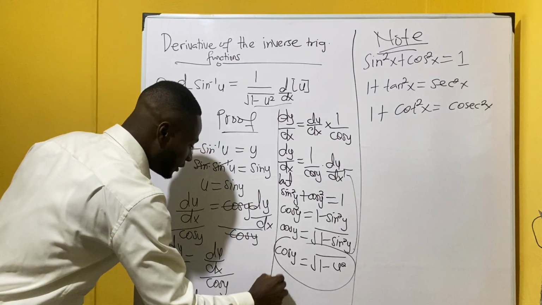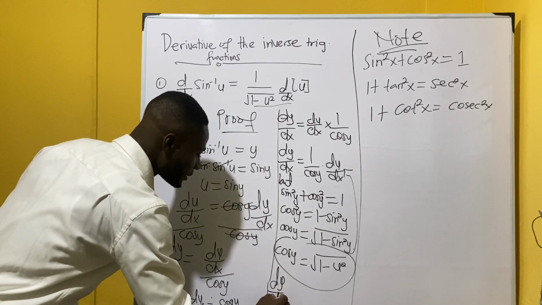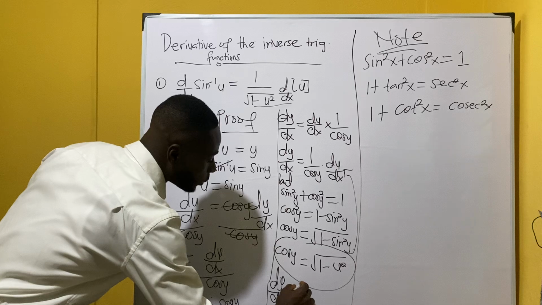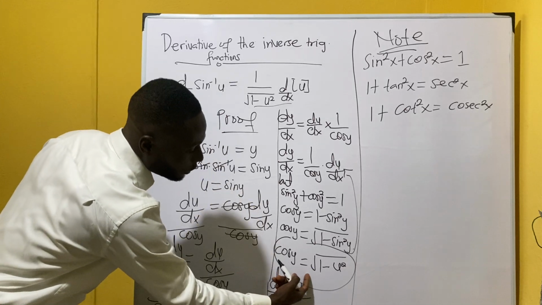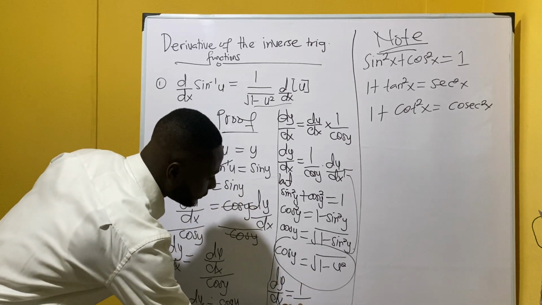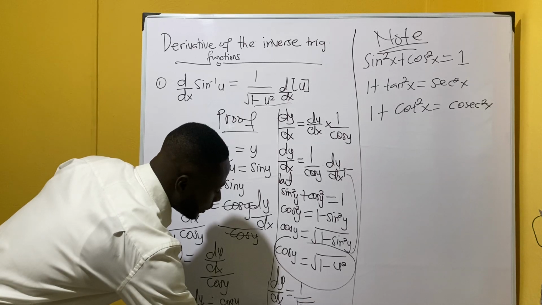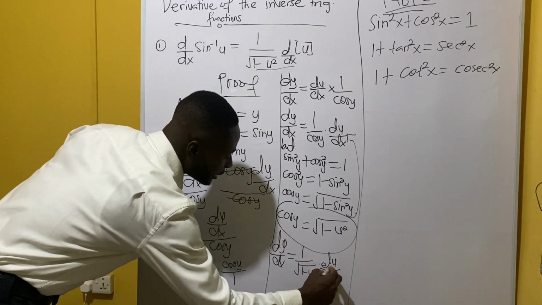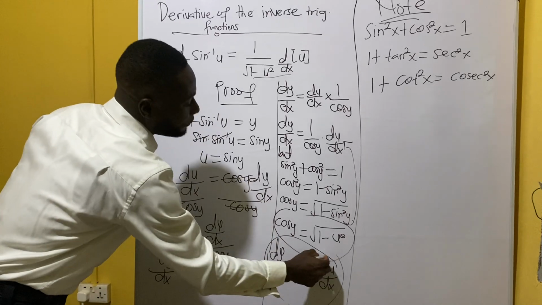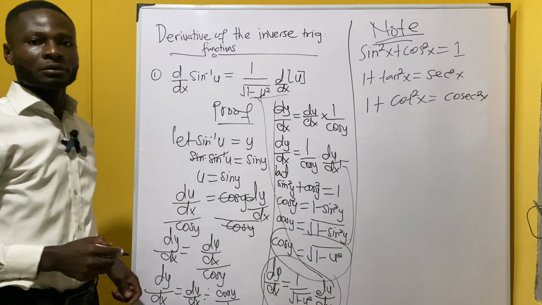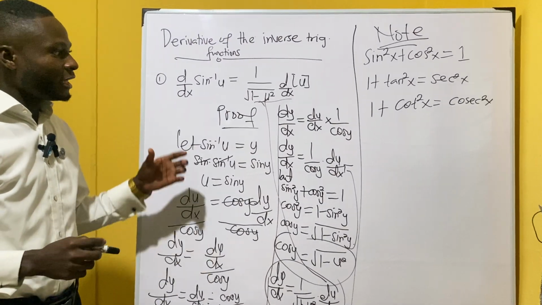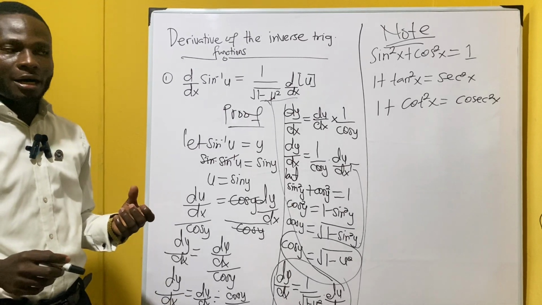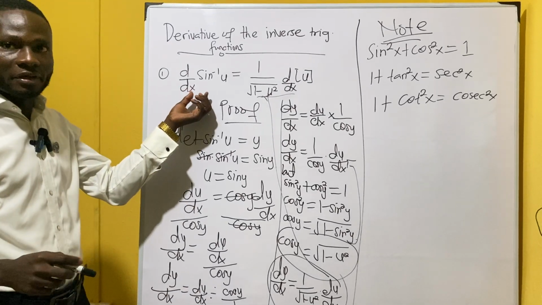So we have dy dx is equal to 1 over the whole of this, right? So we have 1 over the square root of 1 minus u squared times du over dx, right? And we are there. Very easy.